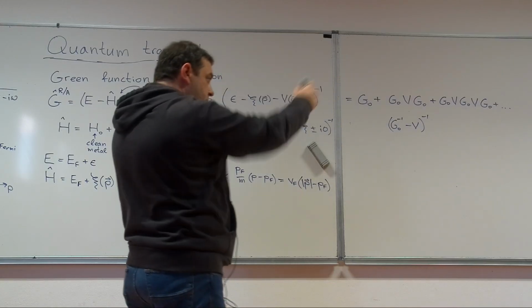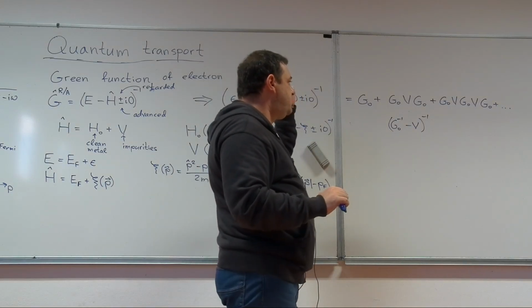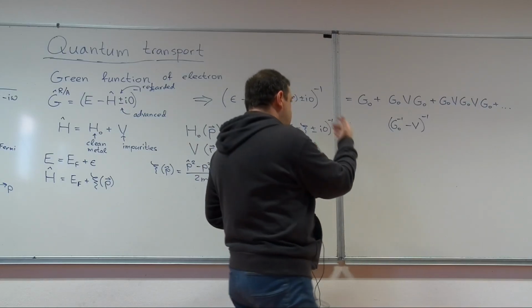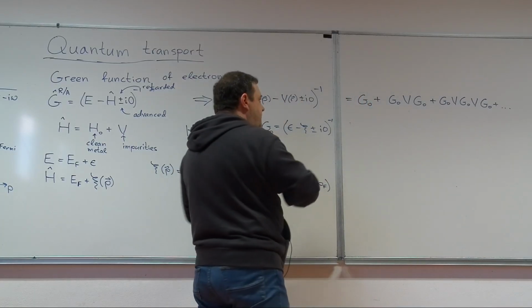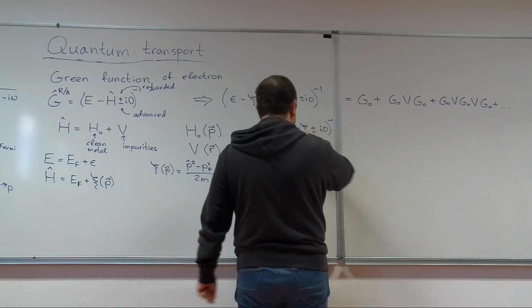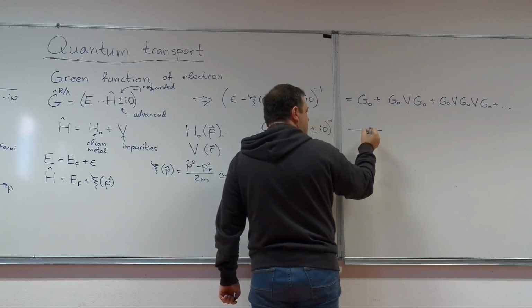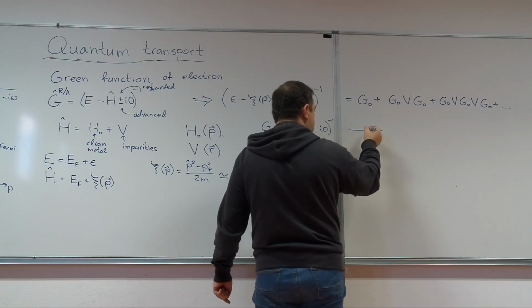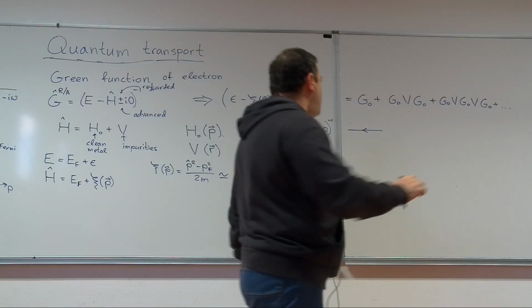So why do we use green functions, and why do we represent perturbation theory in terms of green functions? Because there is a graphical representation of this, which is called a Feynman diagram. For G0, this clean green function, we picture it as a straight line. You can put an arrow, or you can omit it; it doesn't matter.